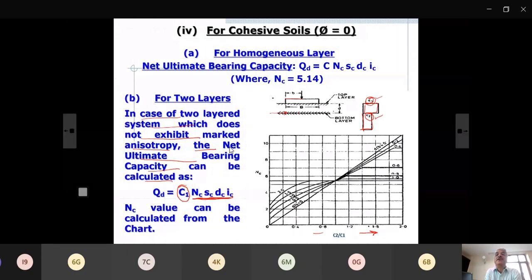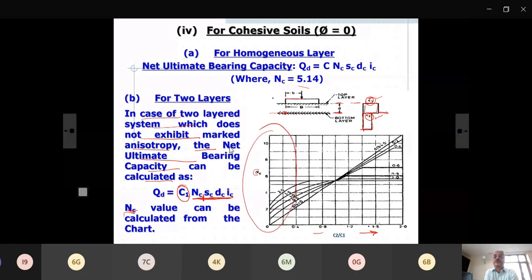And D is the thickness of the first layer. So D by B you will calculate, and then you will calculate C2 by C1, and you will see whichever is appropriate. For that, it is NC, this should be NC1, C1 into NC1. Rather than taking 5.14, you will take this value.